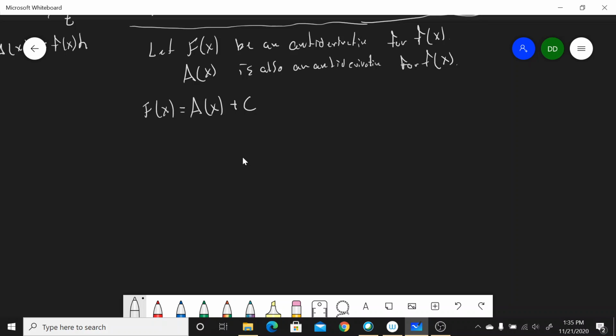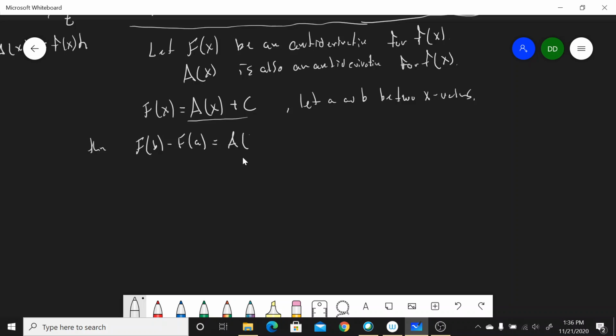Now all I'm going to do here is evaluate my big F of x function from a to b. So let a and b be two x values. Then F of b minus F of a, I can use this formulation to find that.